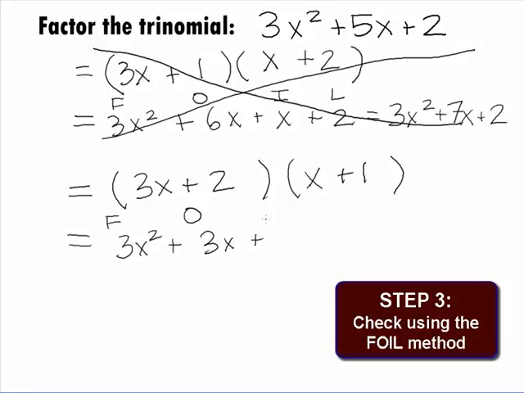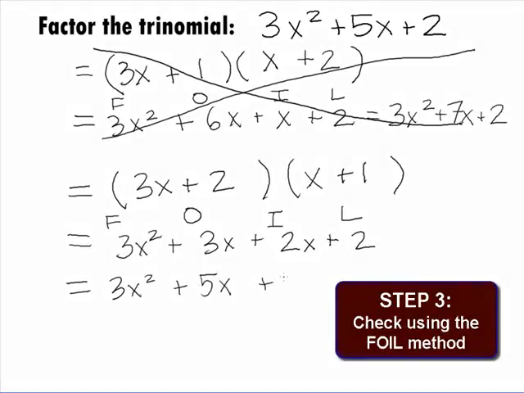The outside terms give us 3x. Multiplying the inside terms, we get 2x. And multiplying the last terms, we get 2. Combining our like terms together, we end up with 3x squared plus 5x plus 2.